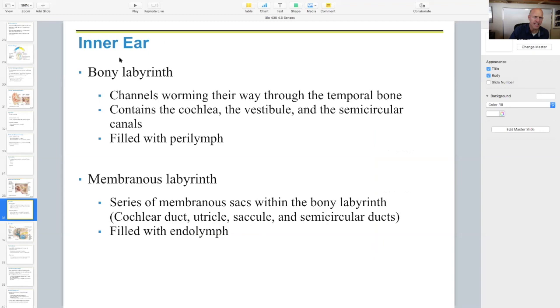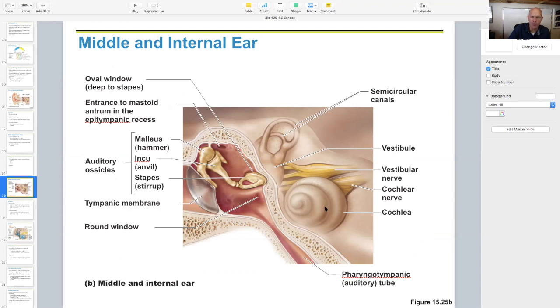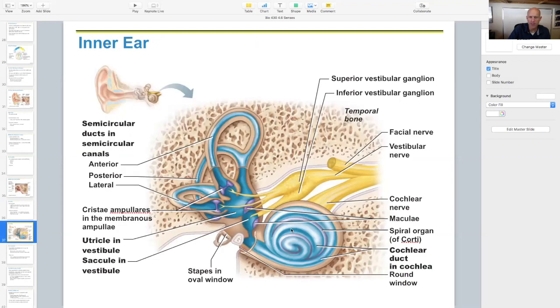So let's look at that inner ear. Now, the outer portions are what we call bony labyrinth, and inside that bony labyrinth is a membranous labyrinth. So if I looked at that and saw through it, here it's all bony. This is all bony structure, bony labyrinth. But inside of that is floating a membranous labyrinth.